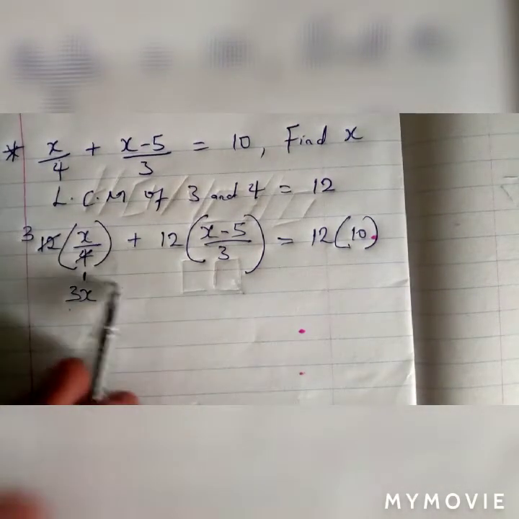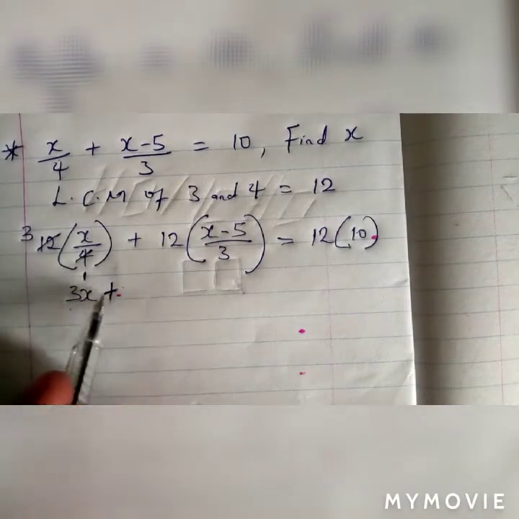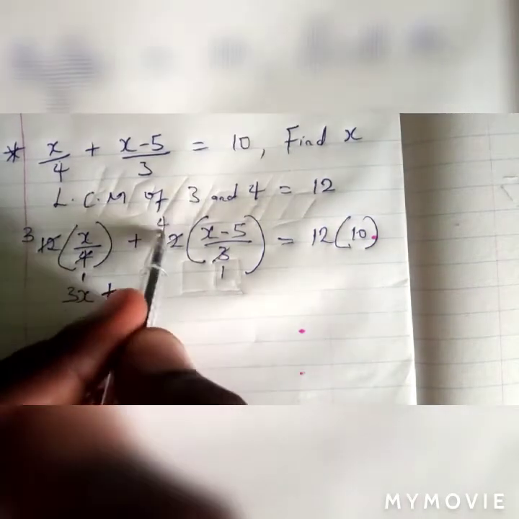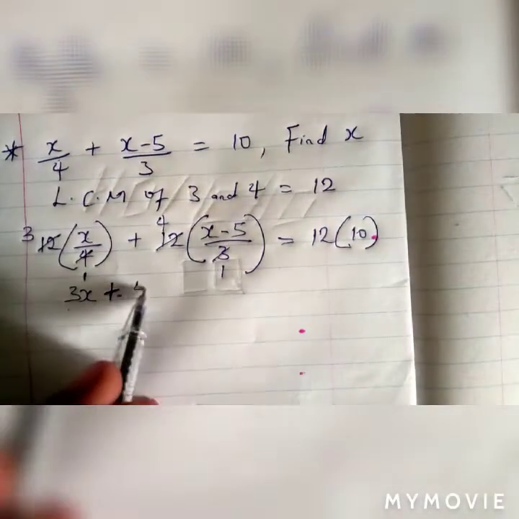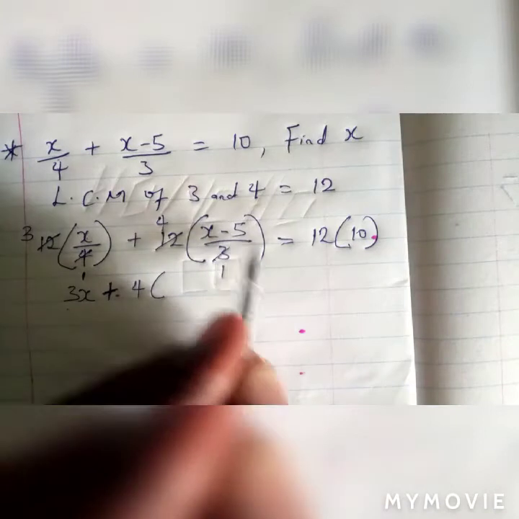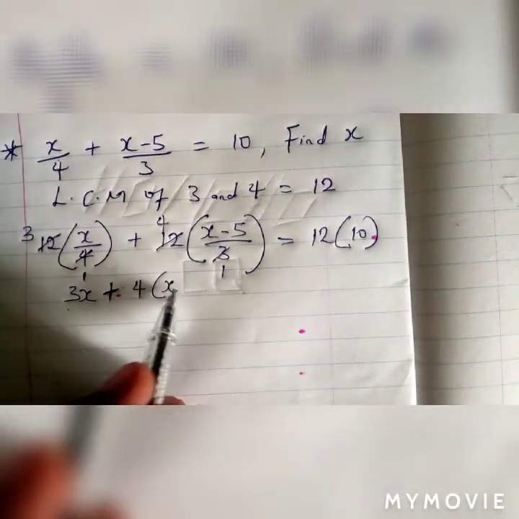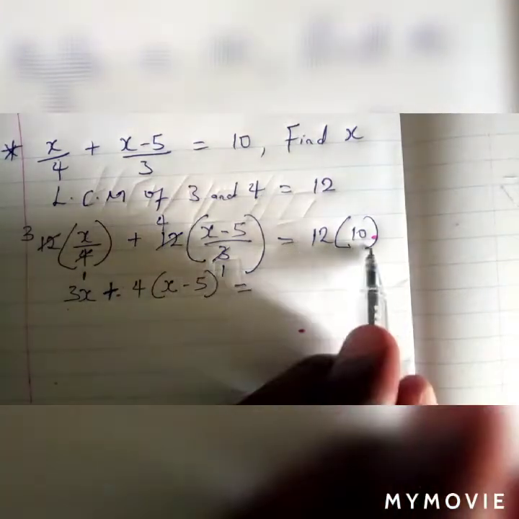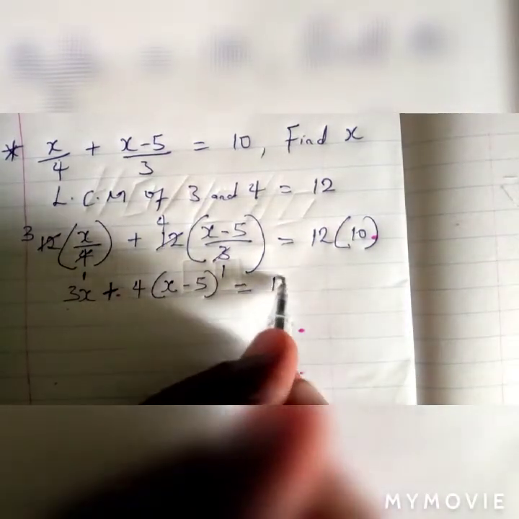Now we bring down our 3x. Now 3 into 12 we have 4, so we have 4 multiplying (x minus 5), equals 12 times 10, which gives us 120.